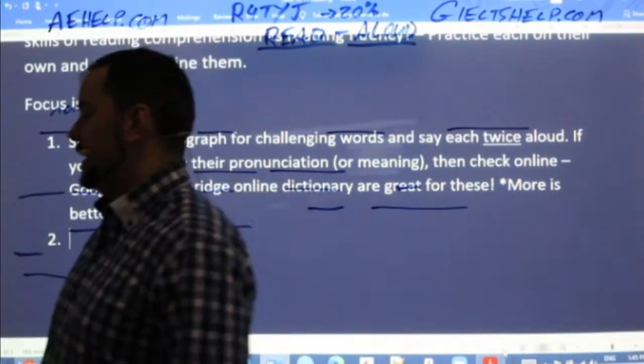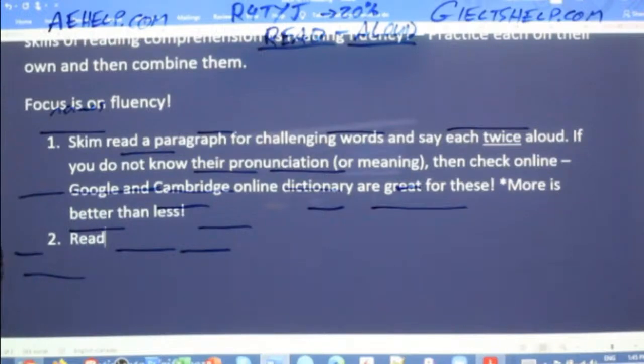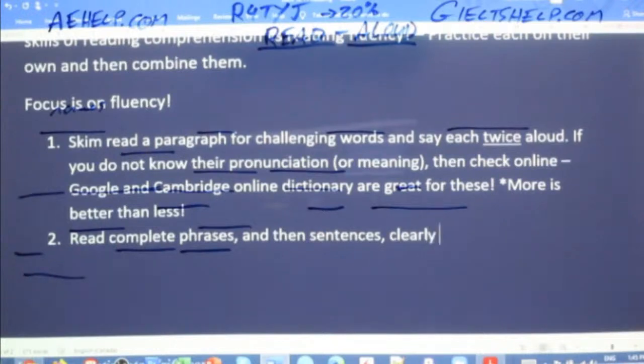Okay, cool, is read complete phrases and then sentences. Sentences. Clearly and aloud. Okay.